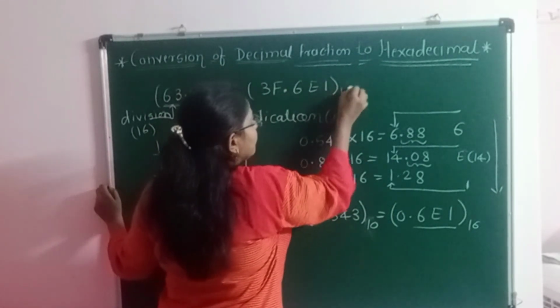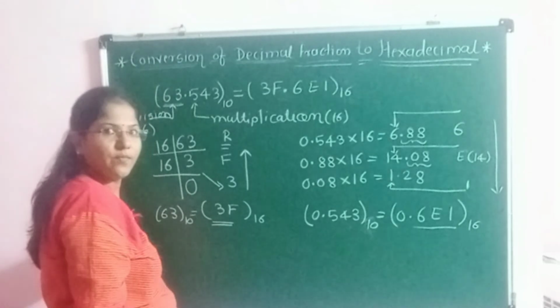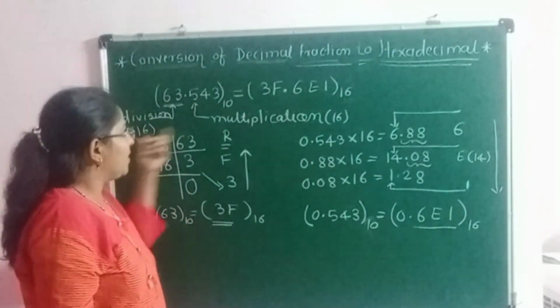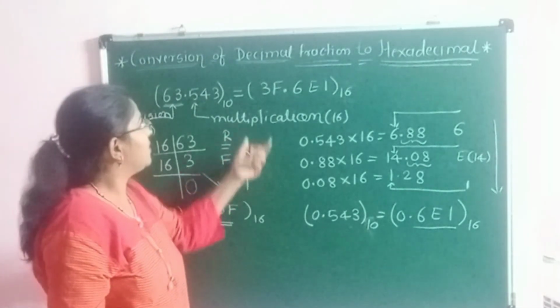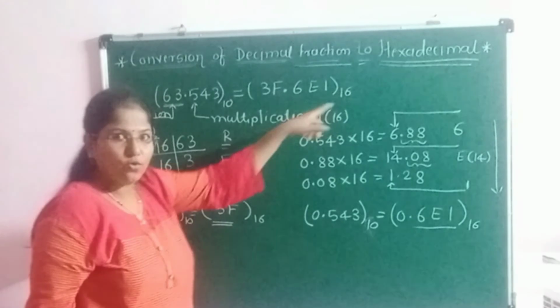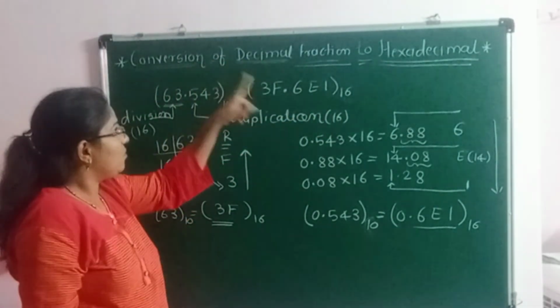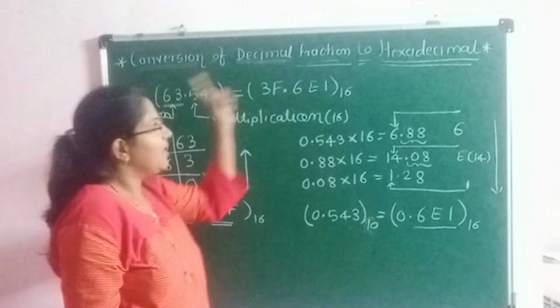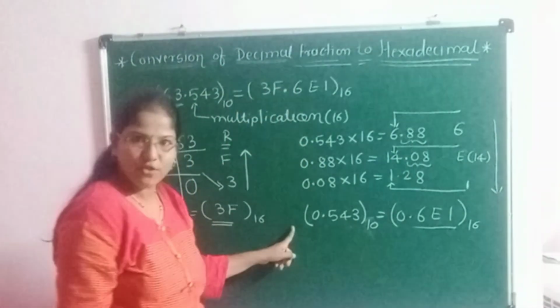And this is the hexadecimal equivalent. So this is a very simple method in which we use the division method as well as the multiplication method to convert the decimal number into hexadecimal. To convert the integer into hexadecimal, we have to use the division method, and for the fractional part into hexadecimal, we have to use the multiplication method.